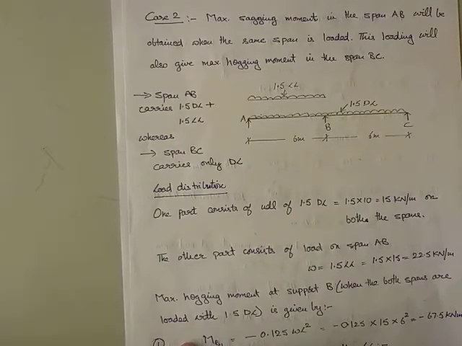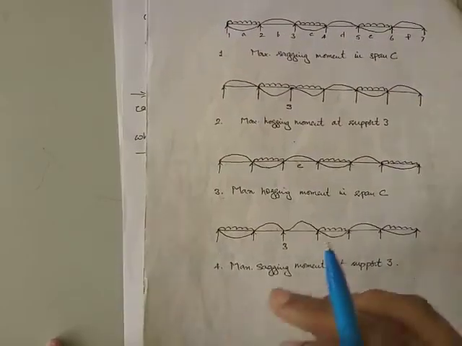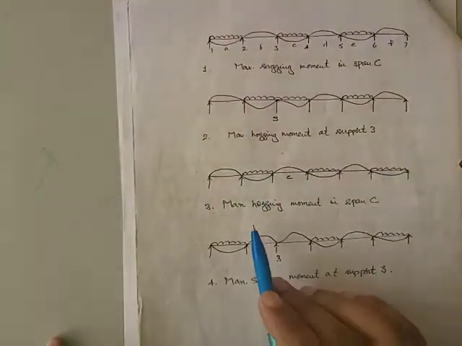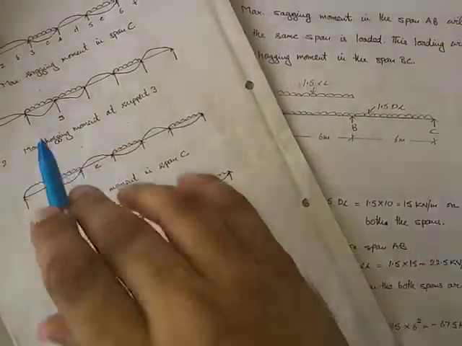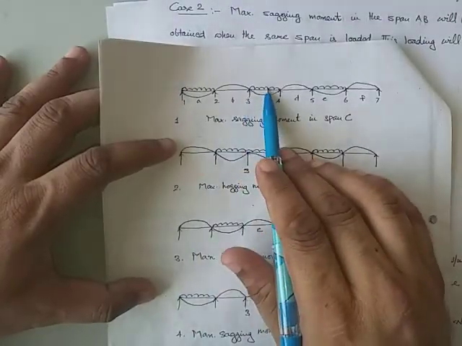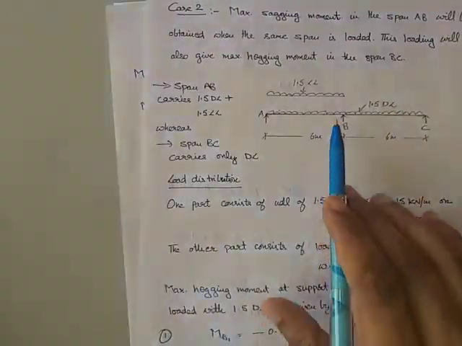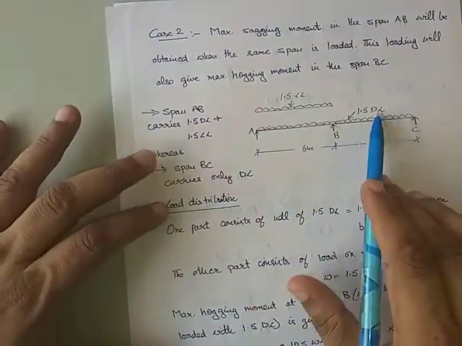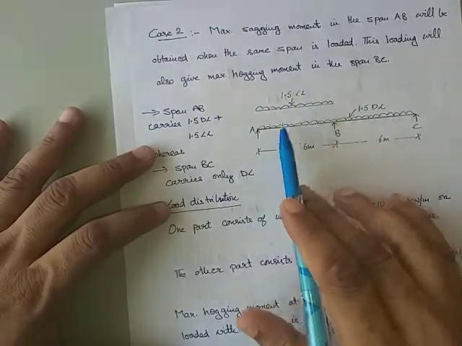This clause has come from this condition, that you are going to consider the maximum sagging moment in the span. The same span will be loaded and the alternative spans will be loaded. Here the same span is loaded, and we don't have an alternative span, so that span is not going to be loaded. So live load is only on span AB.